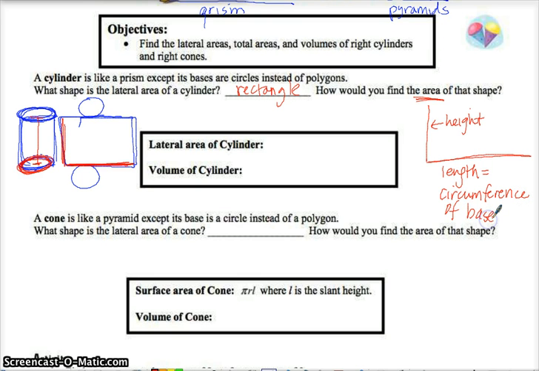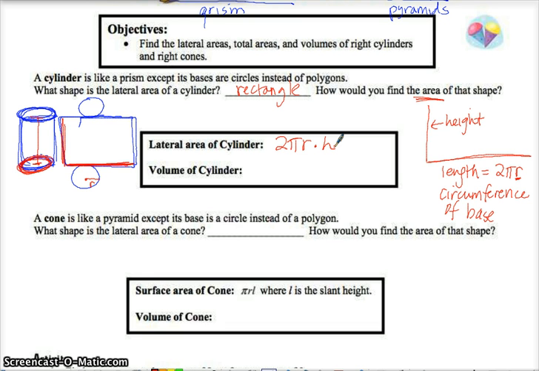And what is the formula for circumference? The formula for circumference is 2 pi r, where the radius we're talking about is the radius of the base. So the lateral area of a cylinder is 2 pi r times the height.